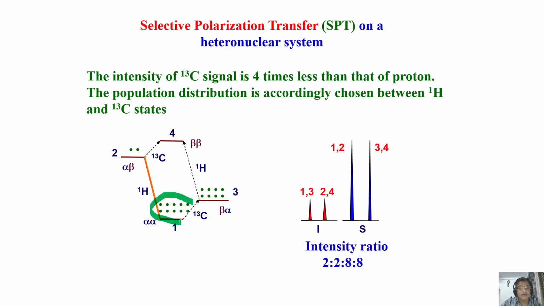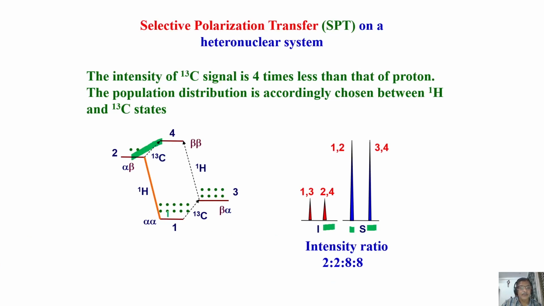I have put 10 spins here, 8 here, 2 and 0. What is the advantage of that? See the difference now. What is this one? Proton transition, the difference between 1 and 2 gives intensity 8. What is the proton transition 3 and 4? 8 minus 0, intensity is 8. What is the carbon transition? 2 minus 0, 2.